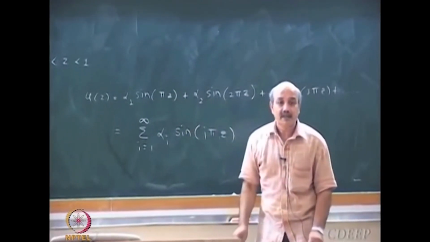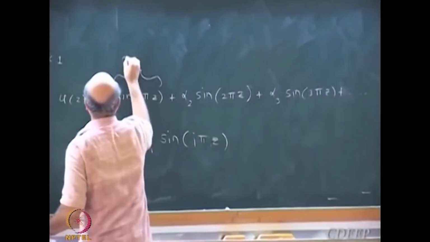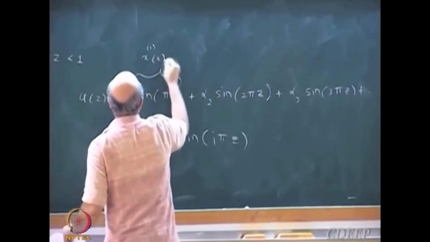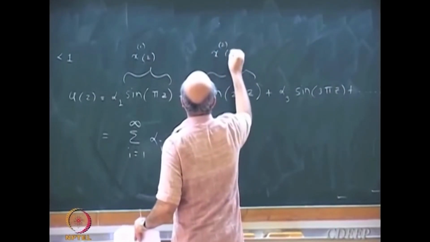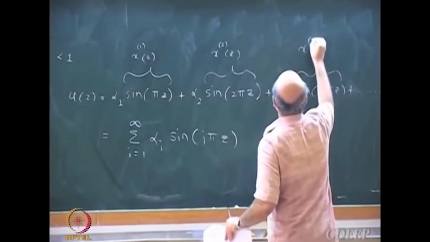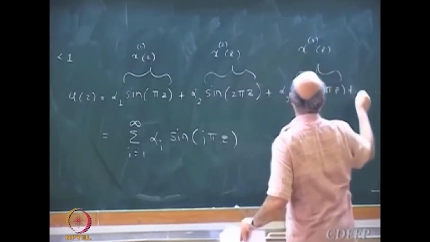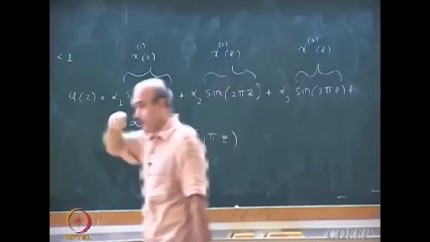What are vectors here? Sine pi z. Yeah. So this is my x1z. This is my x2z. This is my x3z, and so on. How many such vectors I have? Infinite.